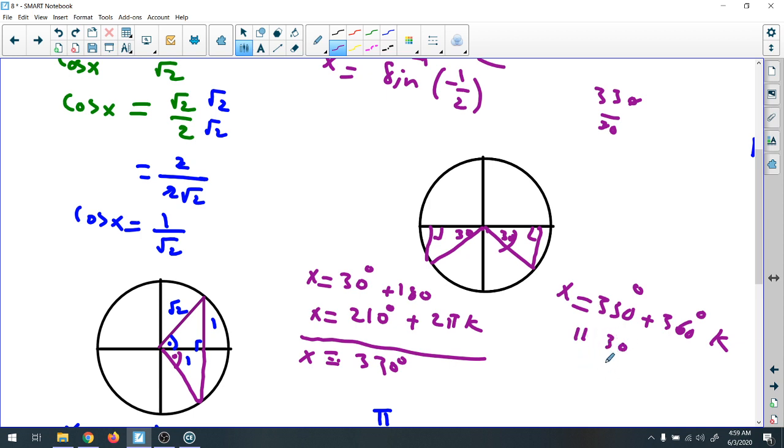We know that 30 is pi over 6. So it will be 11 pi over 6. So x equals 11 pi over 6 plus 2 pi k. When we have sine or cosine, we'll mention 2 pi k. That's it.